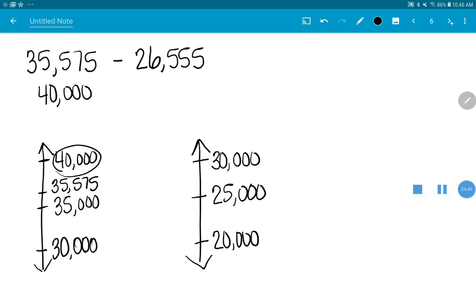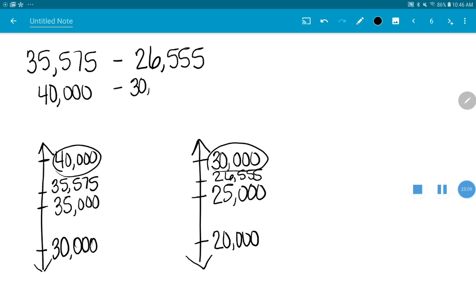So where does 26,555 go? It goes above the midpoint. So it's closer to 30,000.